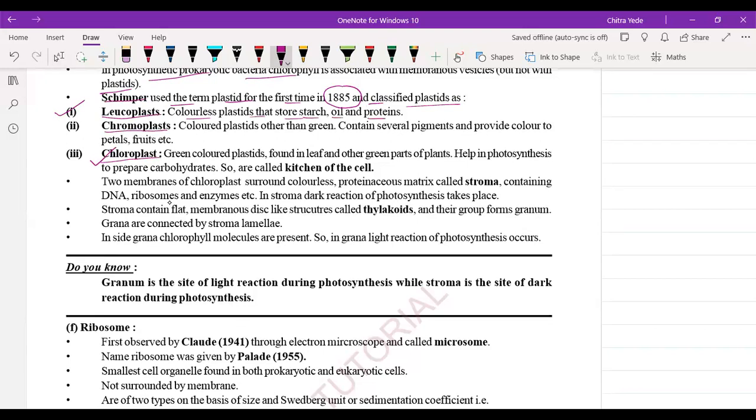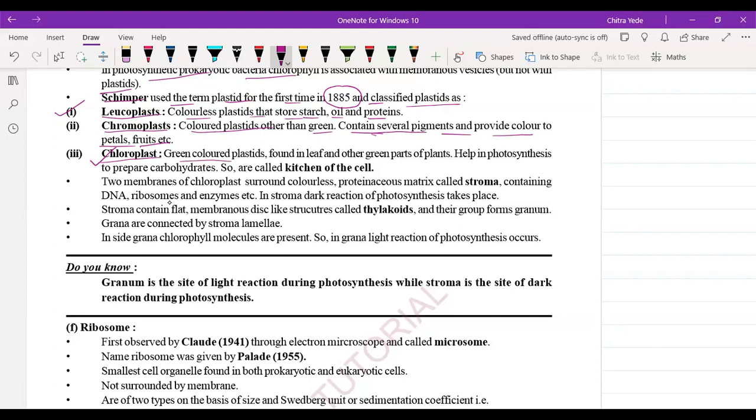Chromoplast is a colored plastid, containing colors other than green, like red, yellow, and orange. It contains several pigments which provide color to the petals of flowers and to fruits during ripening. When a mango ripens, it becomes yellow, orange, or red, right? It is due to the chromoplast.